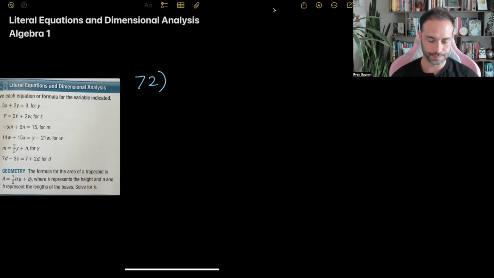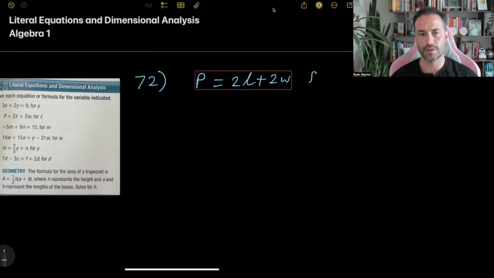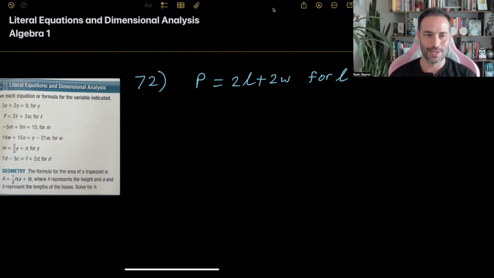So here we go. We have number 72. We have P equals 2L plus 2W, and we're solving for L. Now, I always like to point out actually what formula this is.